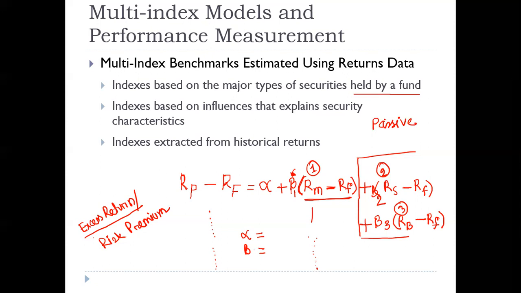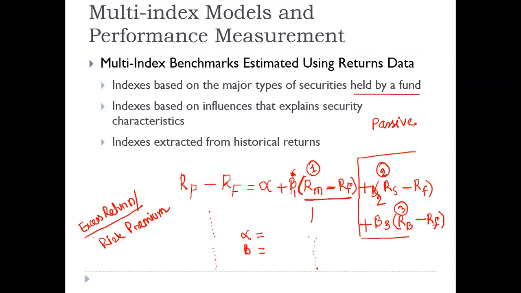Okay. So in that case, which index will you include in this benchmark? Only that index which is followed by the passive portfolio. Yes, sir. If the portfolio is passive, which index should we include here? The index which is mimicked by that portfolio, we have to include that index here.